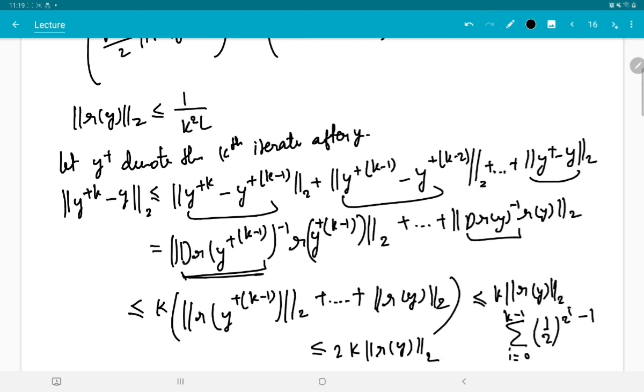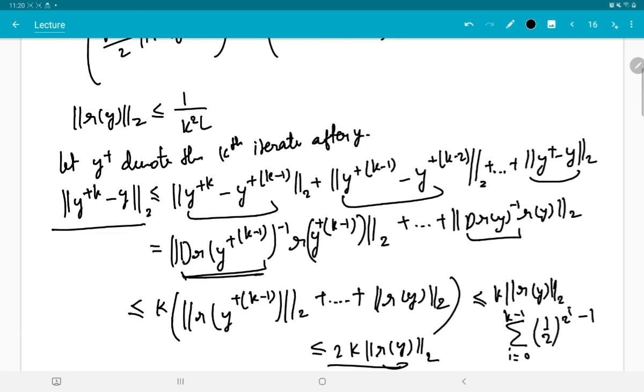So this difference is bounded, and as k goes larger and larger, the residue goes to 0.